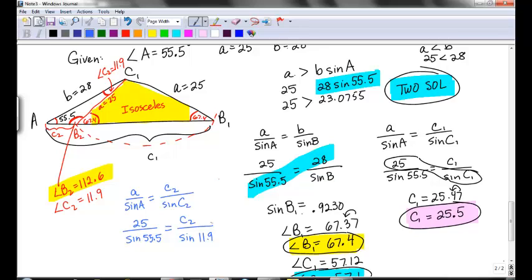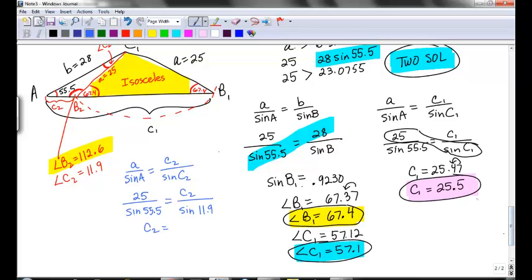Oh, gosh darn it. Sine of 55.5. Okay, and I get C sub 2 is 6.24, and if you round it, I get 6.2. Do you agree? I think last year I must have done 11.9, didn't store it. Okay, have we solved for everything?